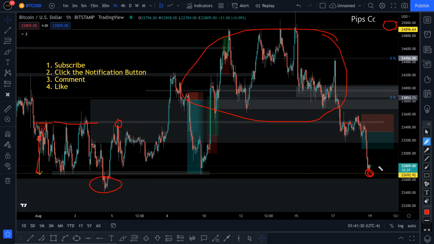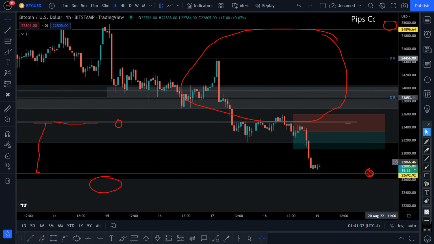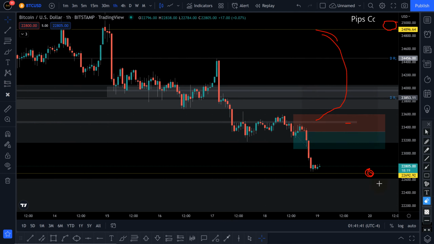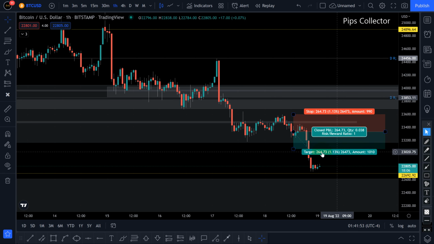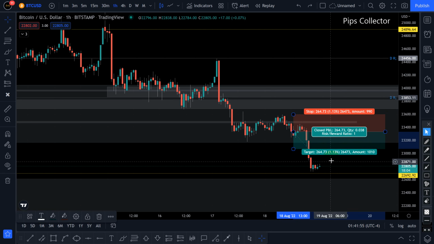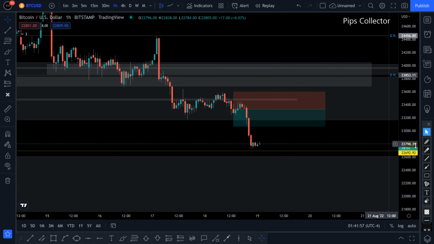So what I'm looking for now on Bitcoin is not very complex. What I'm looking at now on Bitcoin is anticipating price to, just one moment. Okay, I'm anticipating price to continue its bearish momentum, but as you can see, we have already gotten some impulsive leg.